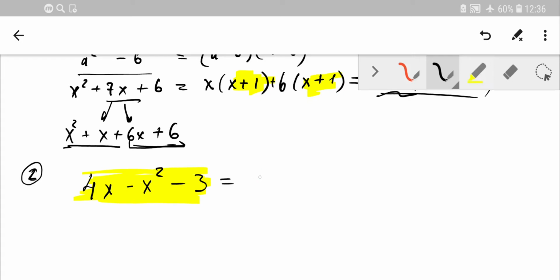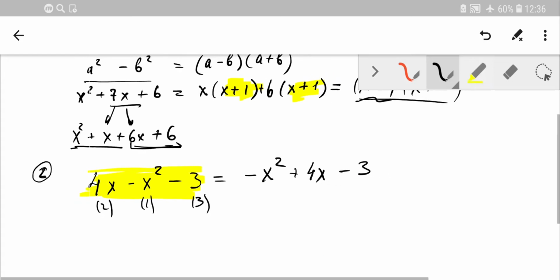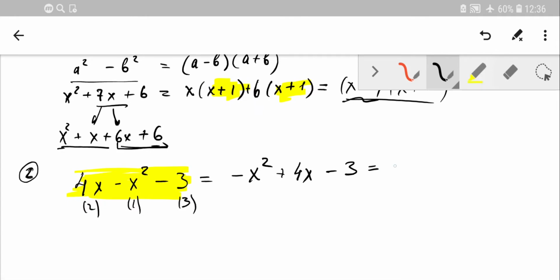So the first term is going to be x squared. We just rearrange: we put it in first place, this in second place, and this in third. So we'll get negative x squared plus 4x and then minus 3. Now we have a proper arrangement. However, I do one more step. I factorize minus 1, and here I'll have x squared minus 4x plus 3. I just swap the signs.